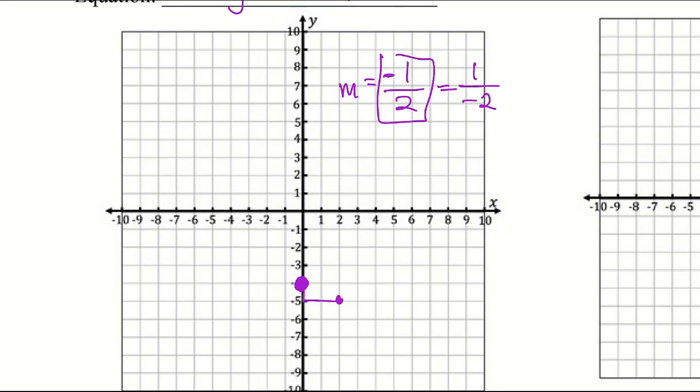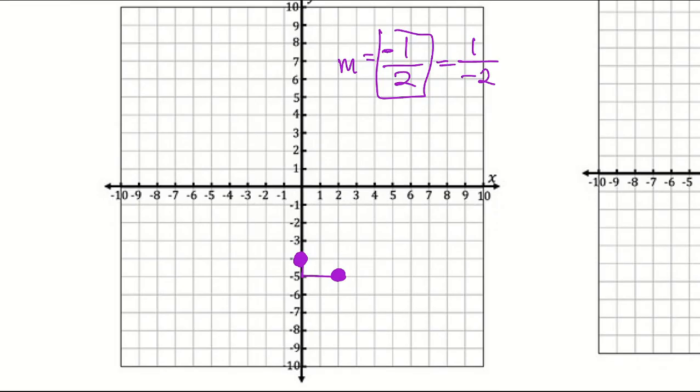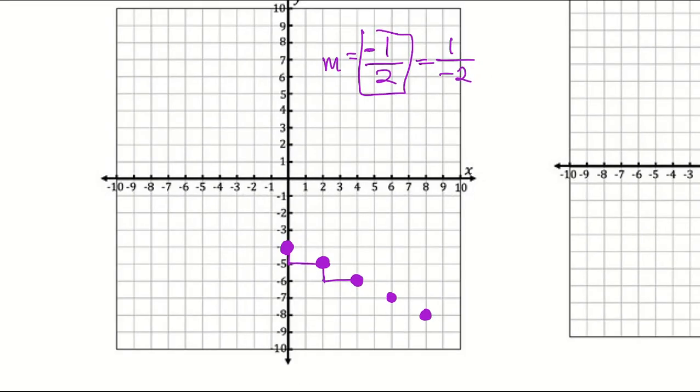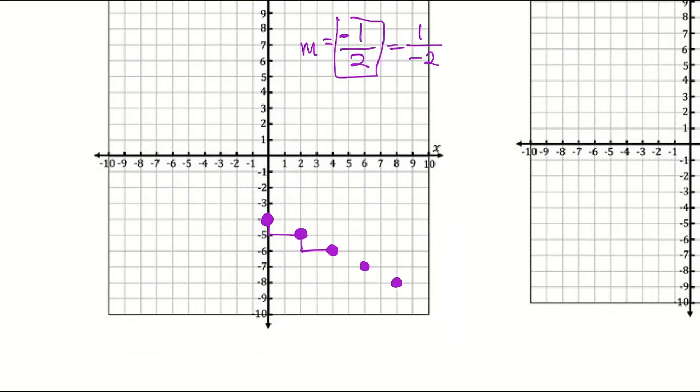So this point right here is my next crosshair. Then I'm going to go down 1, right 2 again. You do that a couple more times, as many times as you want, but technically you only need 2 points because our goal is to draw a line.